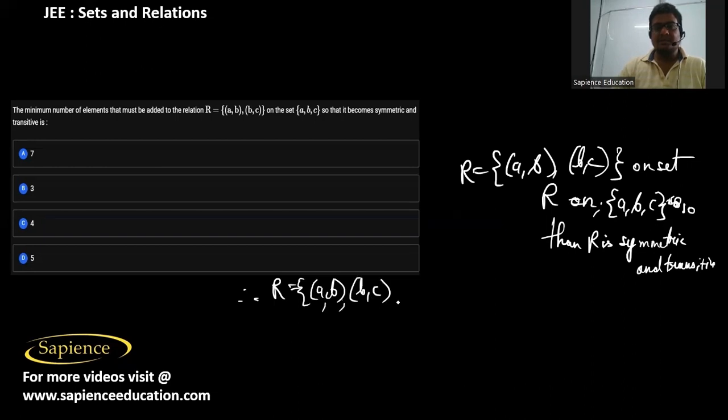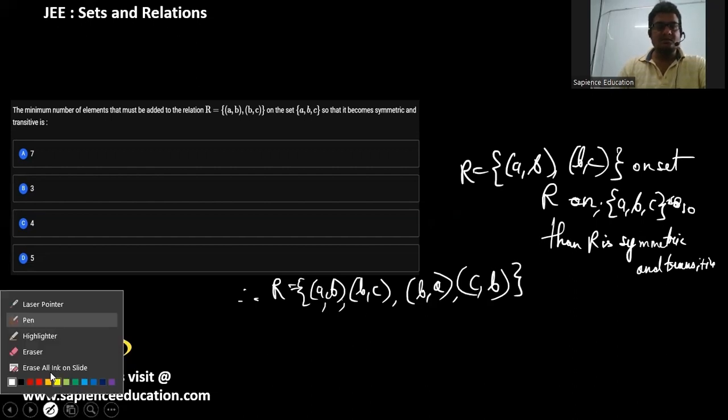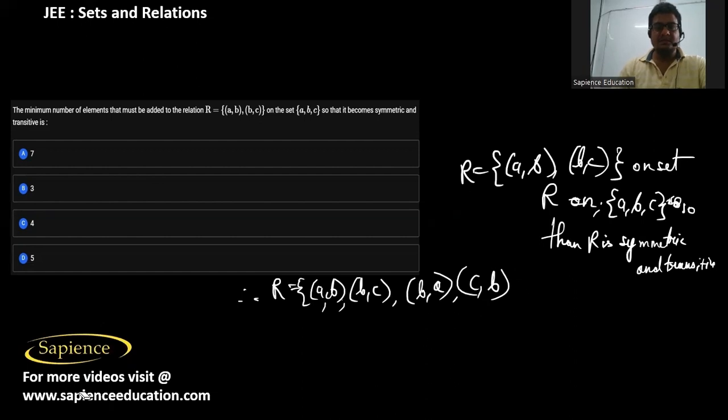Now since it has to be symmetric, B comma A also should be there and C comma B also should be there. A comma B is there and B comma A is there, so A comma A also should be there since it has to be transitive. Since B comma A and A comma B is there, B comma B also should be there.